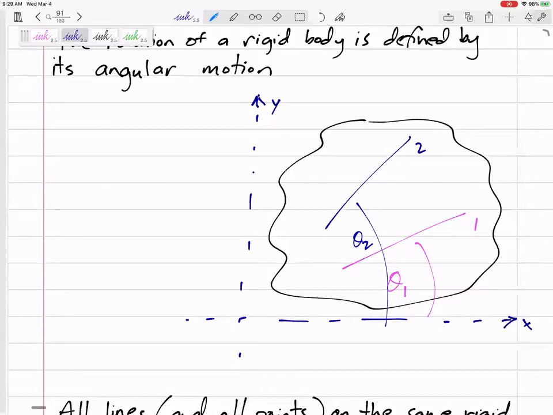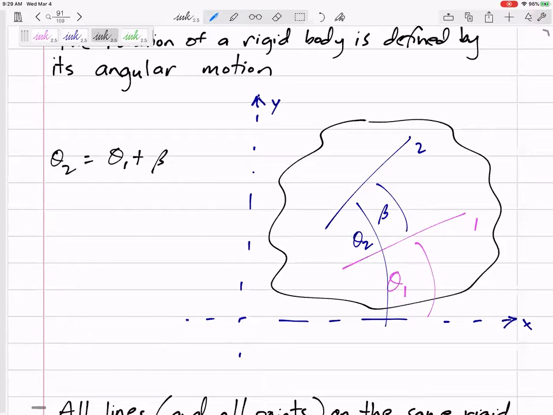So we can define their orientation, θ1 and θ2, and the difference between those might be beta. Let me draw beta right here. Would you agree that θ2 is equal to θ1 plus beta? So maybe θ1 is 25, θ2 is 55 or something, and that angle difference would be like 30 degrees.